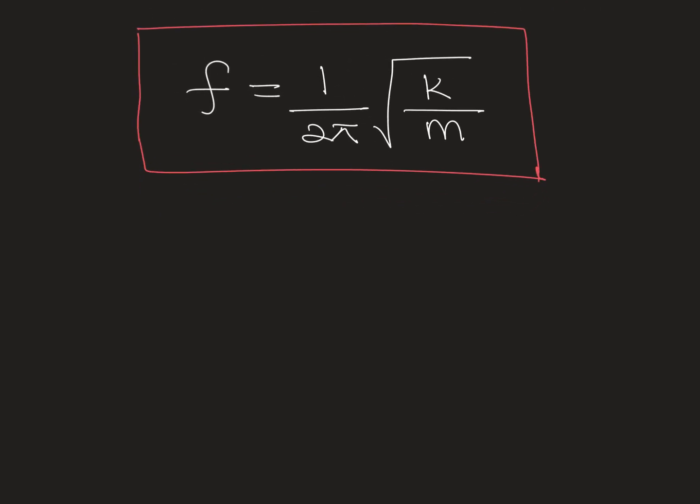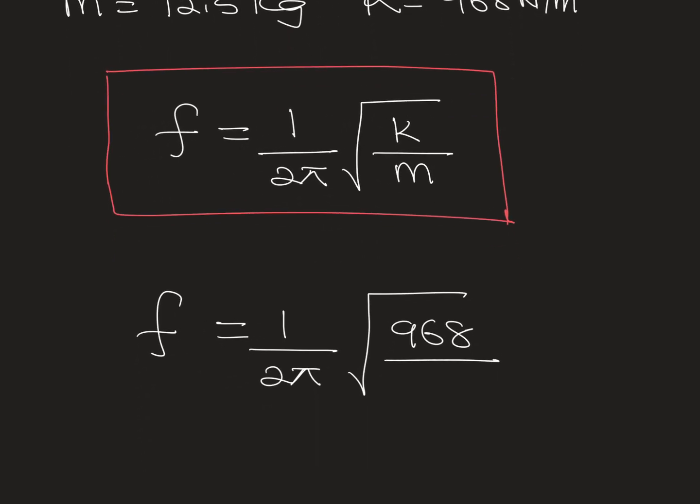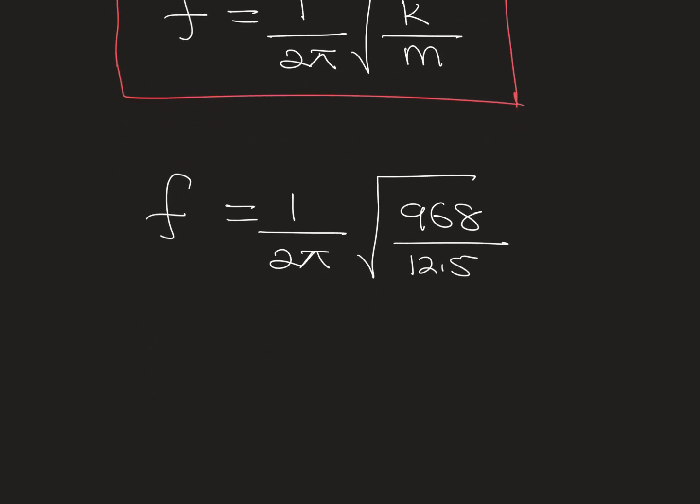If that is the case, let's try to substitute. We're going to have f is equal to 1 all over 2 pi, the square root of k, which is 968, divided by the mass, which is 12.5 kilograms.